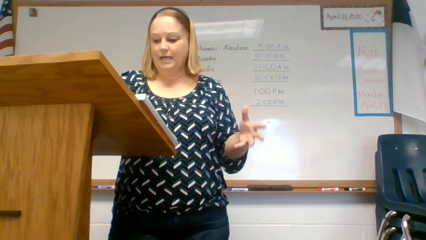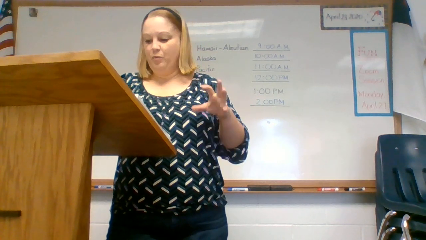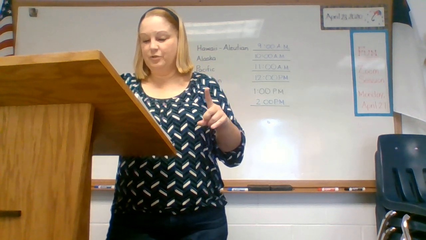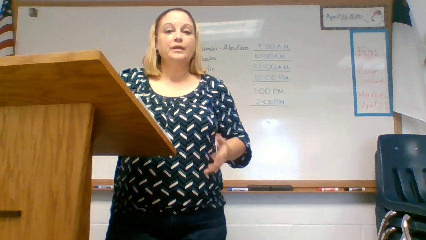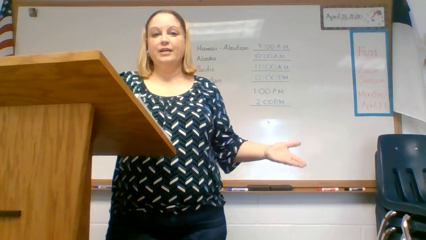They are giving you a time. Each and every portion has at least one of the time zones with a time, and you need to complete the rest of it. Section 2 is using the time zones, just answering questions.